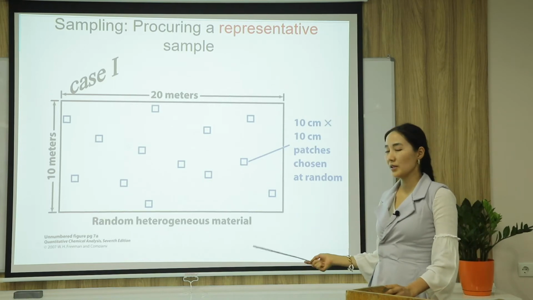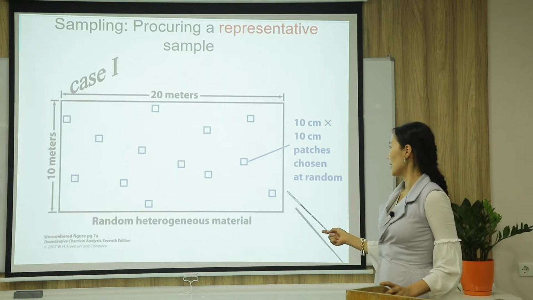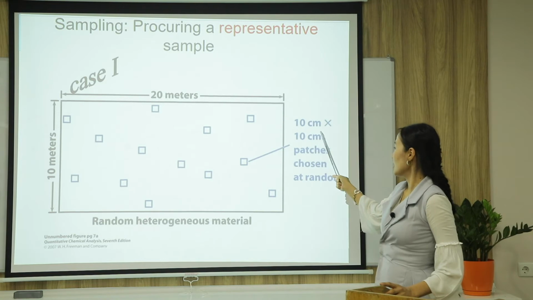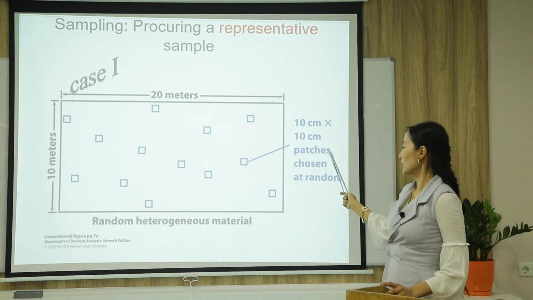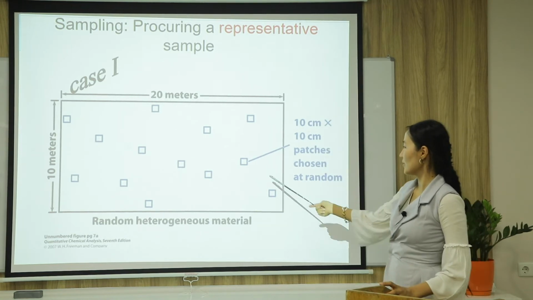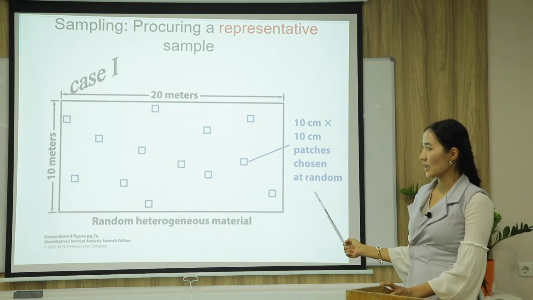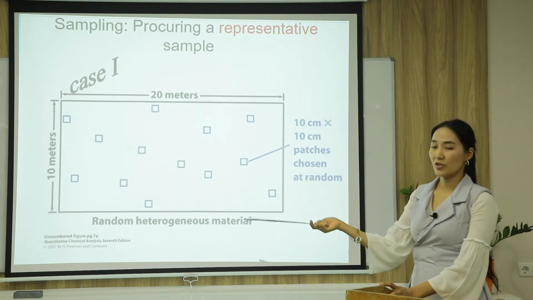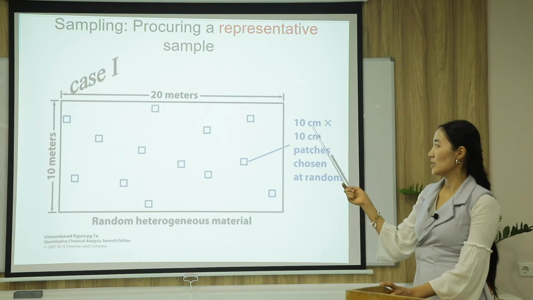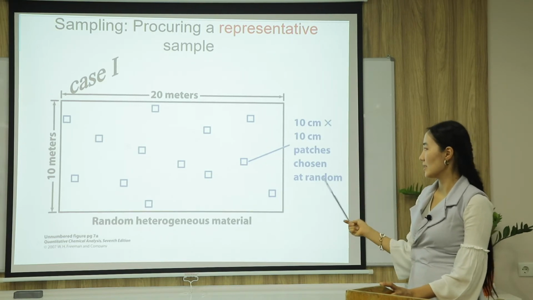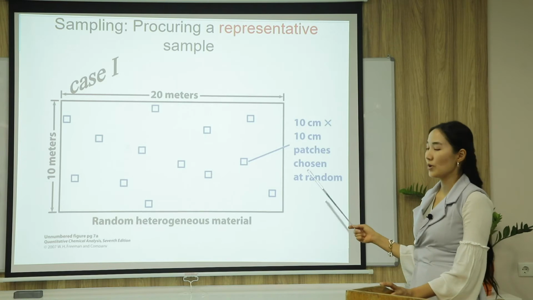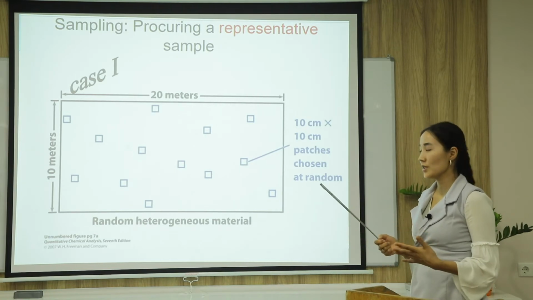For example, here we have some sampling, 10 centimeters by 10 centimeters. The cube patches are chosen at random. With random heterogeneous materials we have 10 meters from this side and 20 meters from another side. So we have this one and we go to the sample preparation.